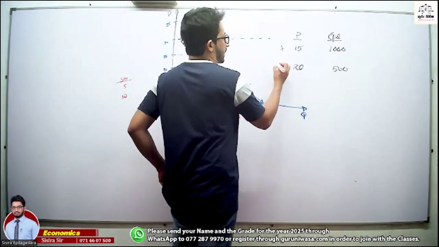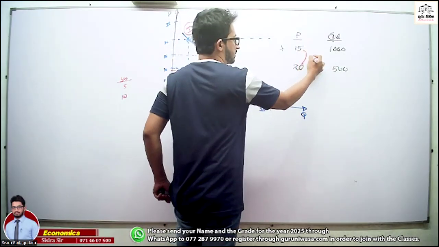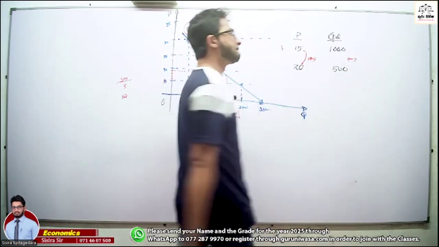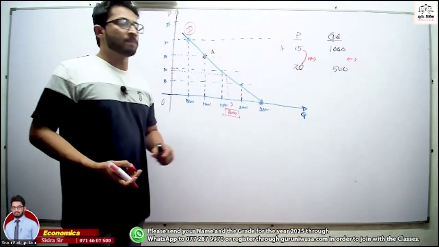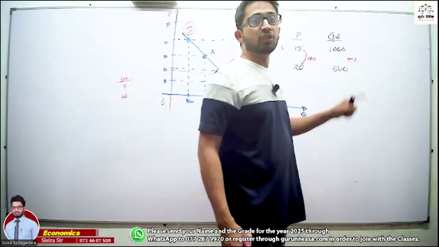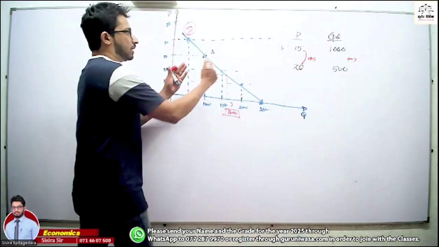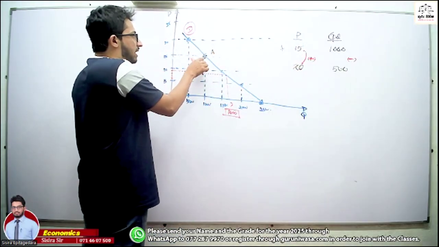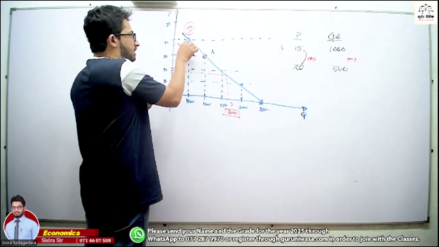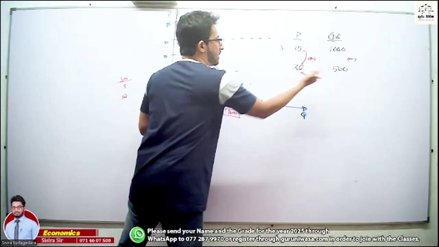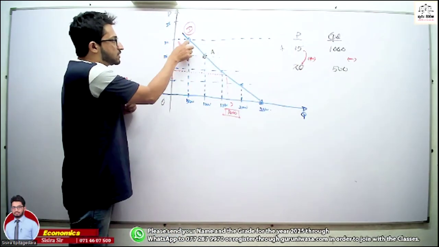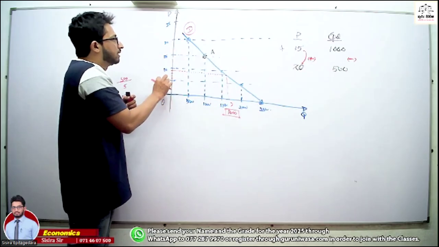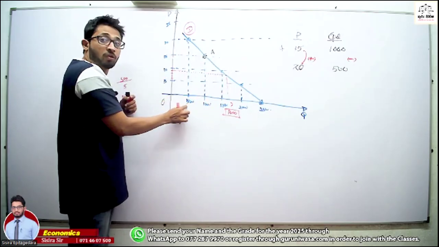You can see when price increases from 15 to 20 dinar, quantity demanded falls from 1,000 to 500. At price 15, the relevant point is A. When price is 20, demand is 500 units.